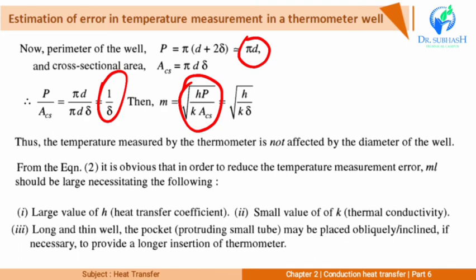From equation number 2, it is obvious that in order to reduce the temperature measurement error, mL should be large, necessitating the following: a large value of h, heat transfer coefficient, a small value of k, thermal conductivity, and a long and thin well. The pocket protruding small tube may be placed obliquely or inclined if necessary to provide a longer immersion of thermometer.